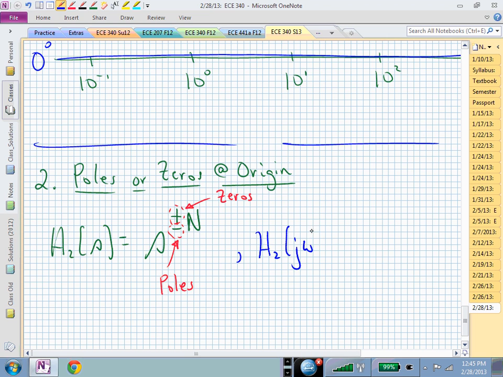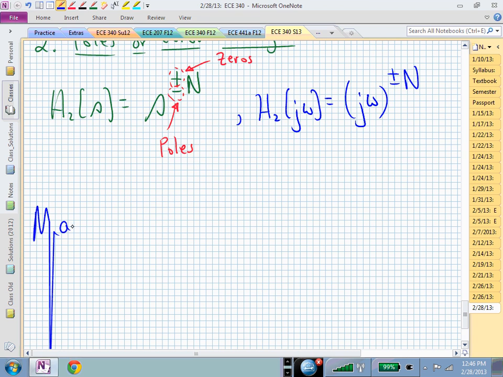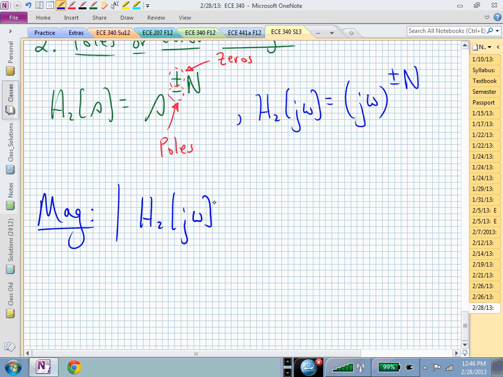If we were then looking at the frequency response, we then have S replaced with j omega, and we have this j omega to the plus or minus capital N, where N represents the number of poles or zeros that you have at the origin. If we now wanted to look at the magnitude, again, we're doing that in terms of dB.